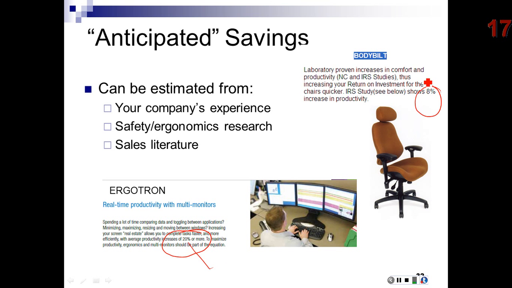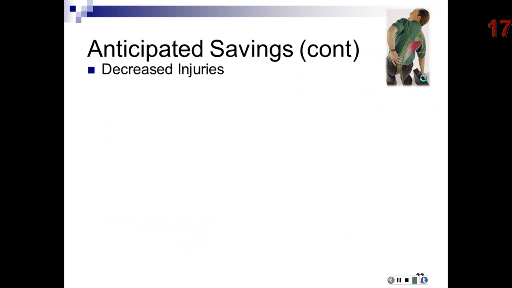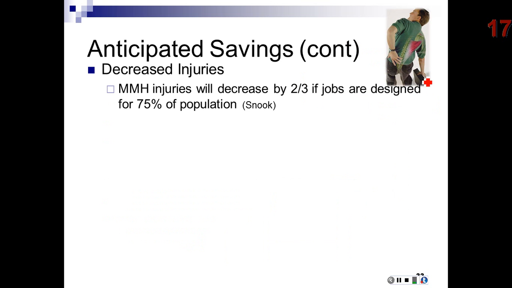If you went with the ergonomic safety research, then you could have, for example, decreased injuries. Stover Snook, the Liberty Mutual researcher who had access to Liberty Mutual's workers' comp data, said that if you can design manual material handling jobs to accommodate 75% of the population, so what we did with the Liberty Mutual table out of the textbook in the psychophysical area, then we'll see a decrease by 2/3 in injuries.